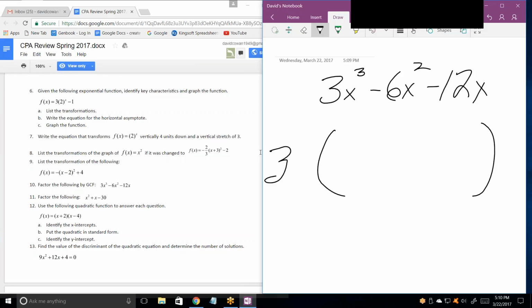X. Good. Yes. Now, what's left in the parentheses is what you get if you divide each term by our greatest common factor. So what's this first term? It's just x cubed. X squared. Yeah, x squared. Remember, you subtract exponents. And then minus 2x.